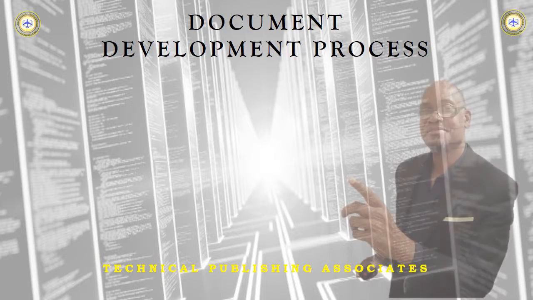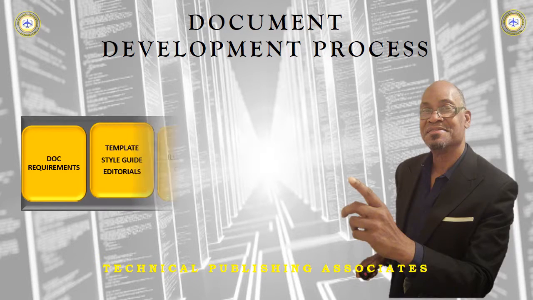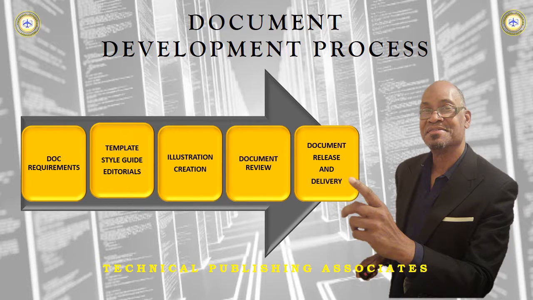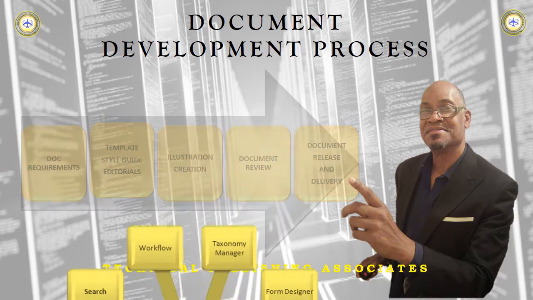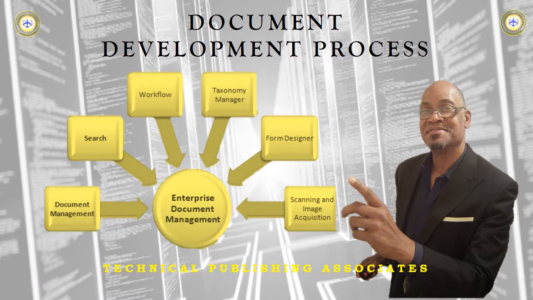This document development process flowchart shown here delineates the classical steps I will use to develop your technical manuals, and the subsequent operations model diagram shown here approximates the business environment in which your document development process is rendered.